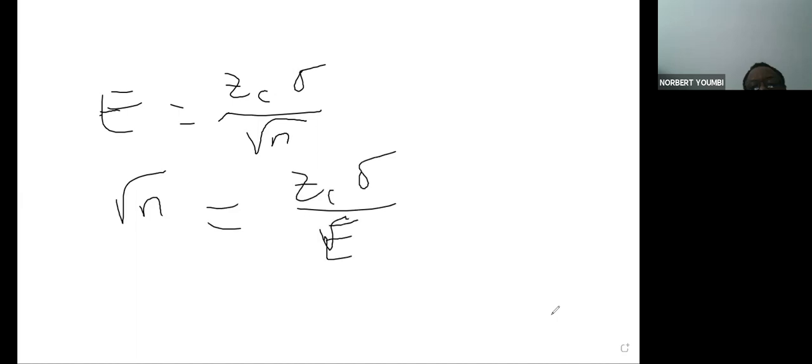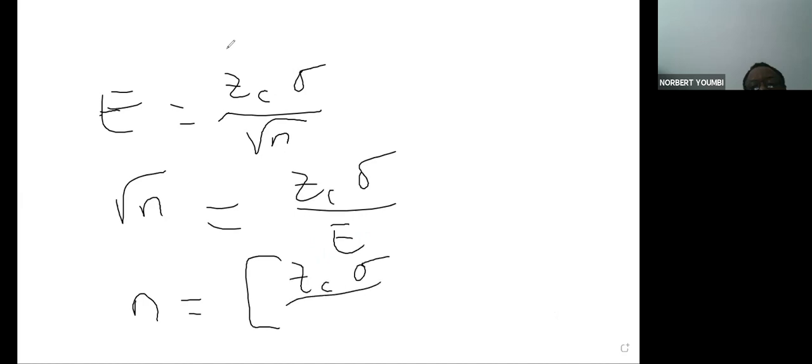You solve and have the square root of n is equal to ZC sigma over E. Squaring both sides, we have n equals ZC sigma over E, squared. So this is the formula for the minimum sample size when a margin of error is given.